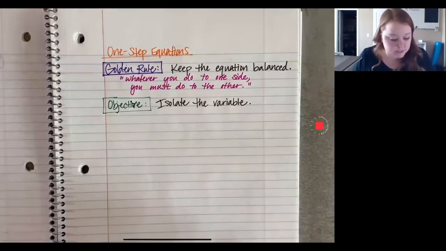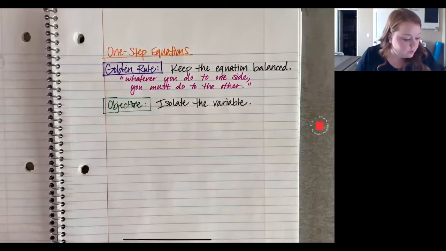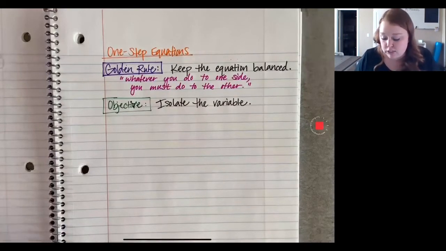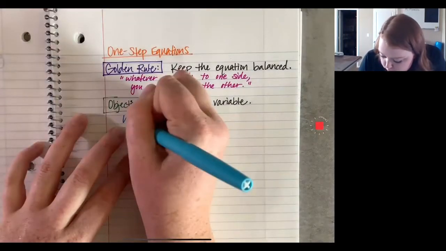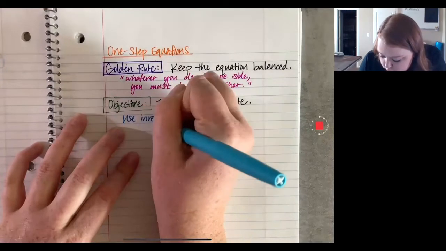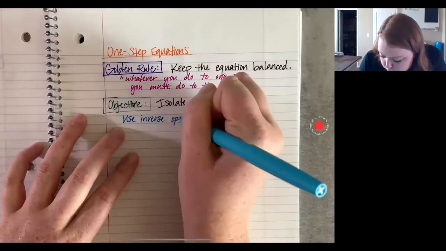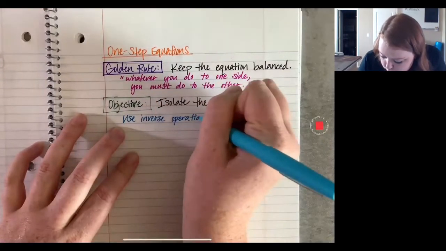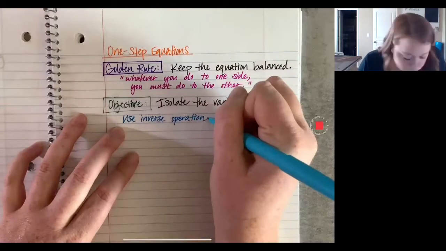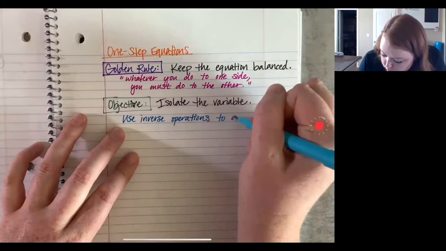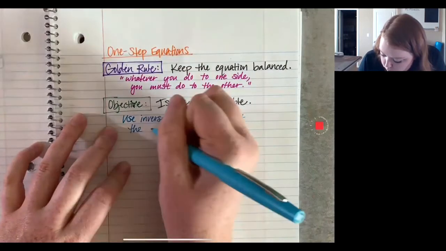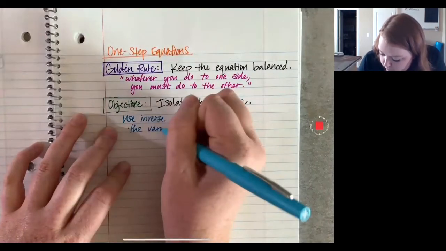So how do we isolate it though? Well, you're going to use inverse operations. So let's write that down and I'll give you an example. Use inverse operations to get the variable by itself.